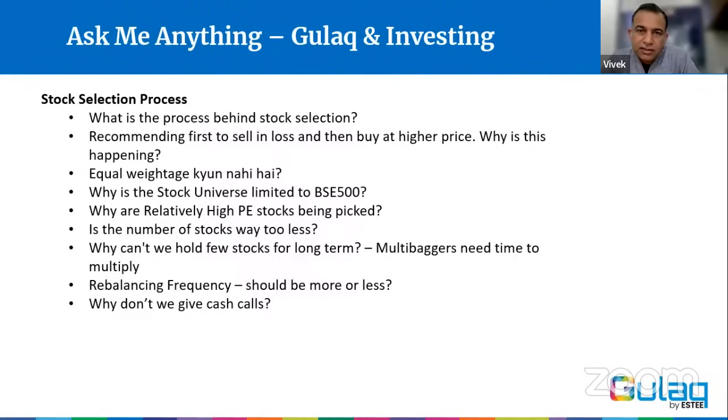What we are following is a very, very systematic approach here. Most likely, we will not have any multi-baggers in our portfolio. And having said that, we do not believe that having multi-baggers is really essential in order to generate phenomenal returns over the long run, right?